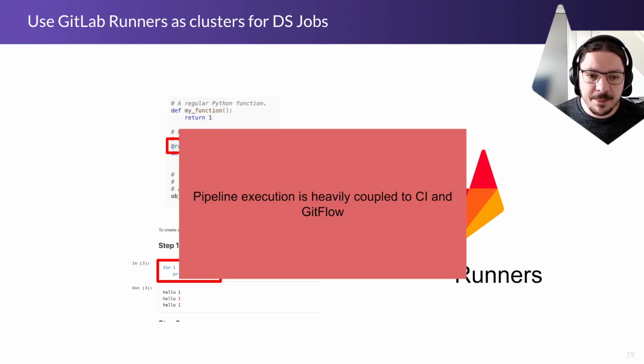So you're running pipelines where the code is not in a Git repository yet. It's still on your local machine. It only exists there. It's not in the repository yet. So the current setup of GitLab doesn't work for this. It's not prepared for this. It was never coded with this use case in mind.